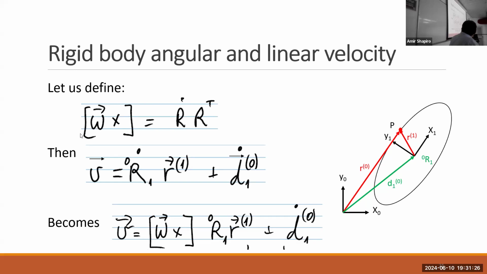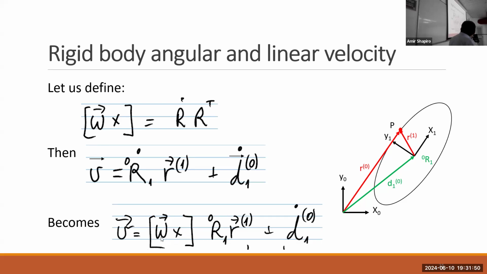And then if we define omega cross as R dot R transpose, we have here V equals R dot R1 plus D dot. But R dot R transpose is omega cross.